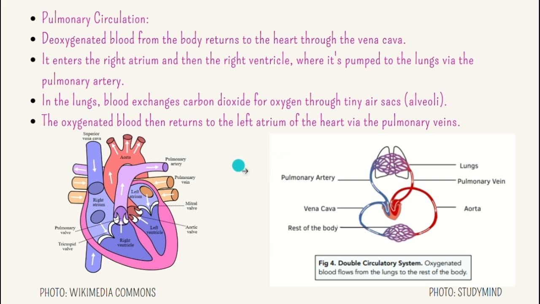Gas exchange takes place, so then oxygenated blood comes back in through the pulmonary veins. So the pulmonary veins are bringing oxygenated blood to the heart. In this case, remember, this is different from the regular veins. The regular veins bring deoxygenated blood to the heart. That's what the regular veins do. So just look at it like this: regular veins bring deoxygenated blood.